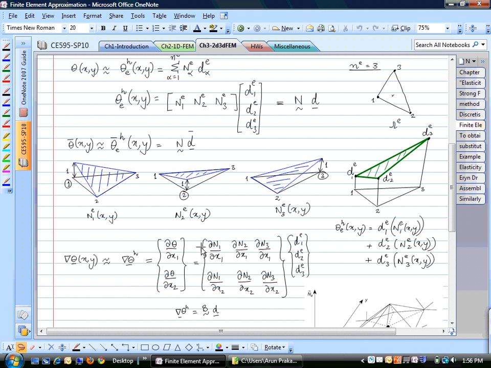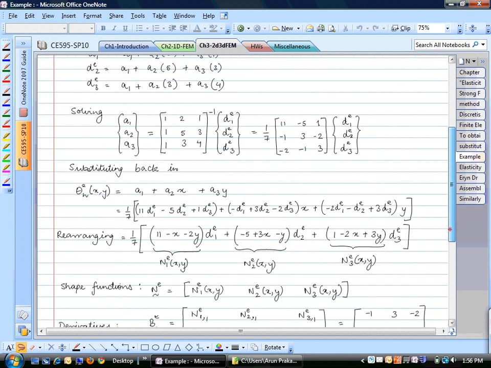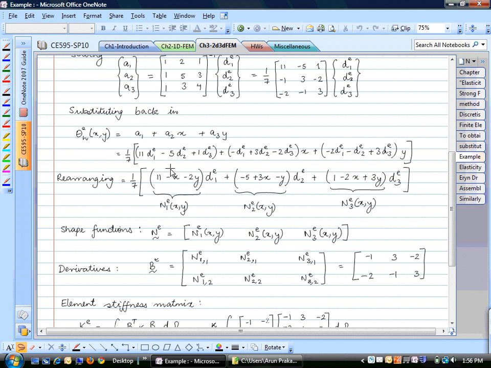So in order to calculate your B matrix, all you need to do is take your N matrix, take the first row derivative with respect to x1, and the second row derivative with respect to x2, and that's what we are doing here. So you take this N1 derivative with respect to x. What is that going to be? Partial derivative with respect to x, that's minus 1 right here. N2 partial derivative with respect to x, 3.